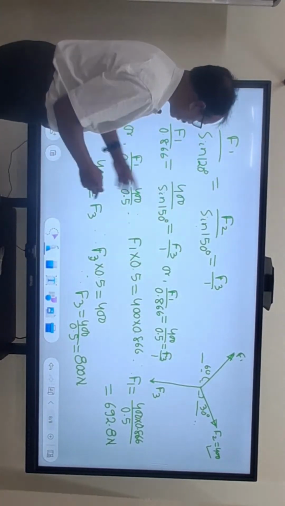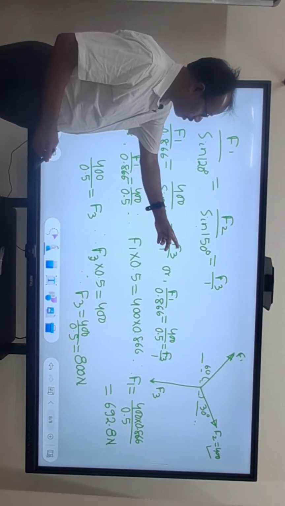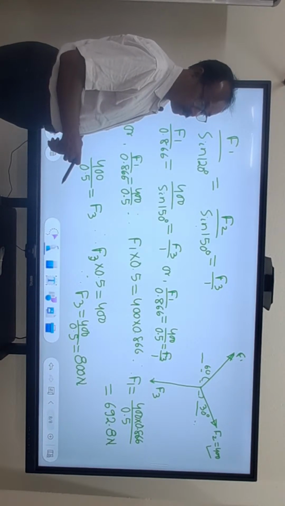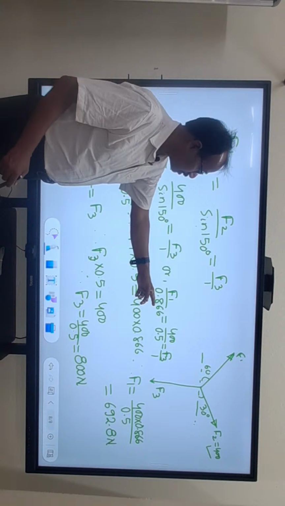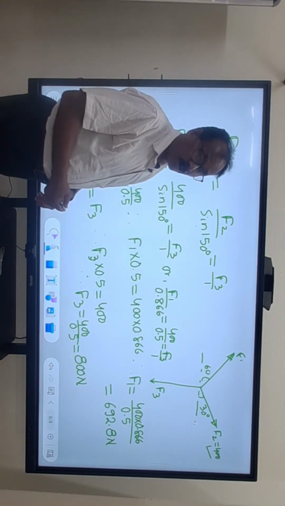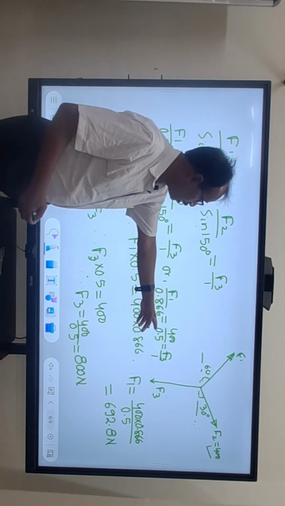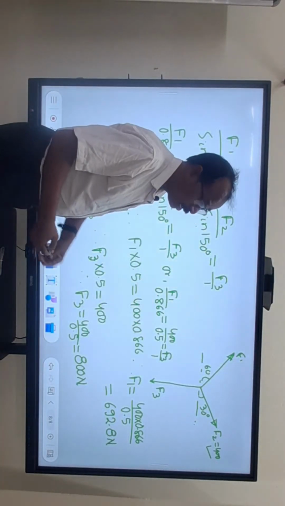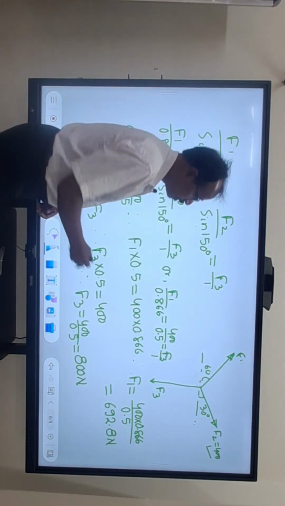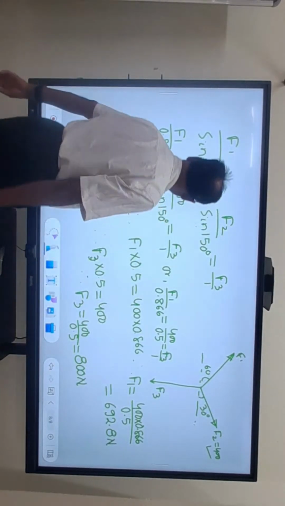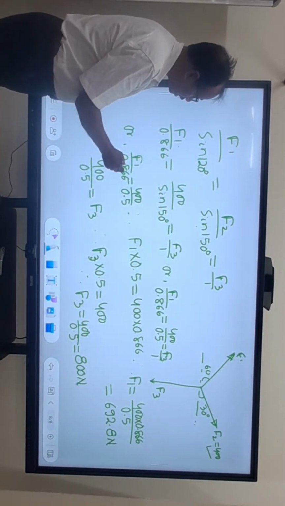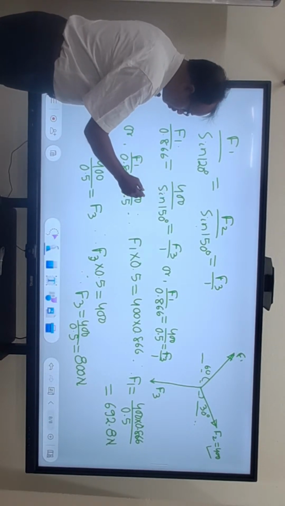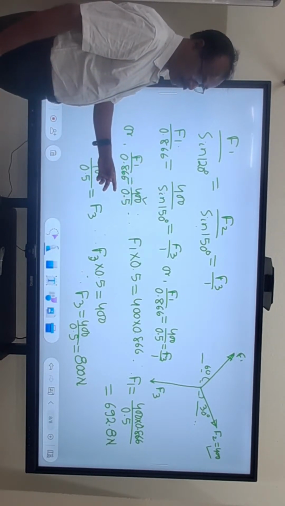Therefore, 400 by sine 150 is equal to F3 by 1. Or we can write F1 by 0.866 is equal to 400 by 0.5, which is equal to F3 by 1.